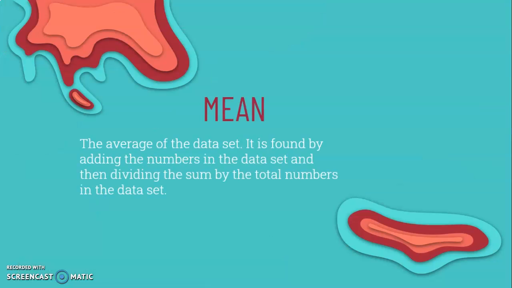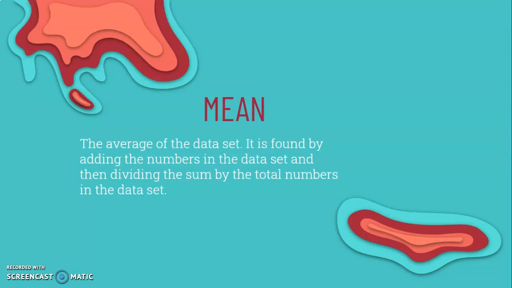Mean is the average of the data set. You find this number, as you all are pretty much familiar with, by adding the numbers in the data set and then dividing the sum by the total numbers in the data set. If you have 15 numbers, you add those 15 numbers up and divide the sum by 15.